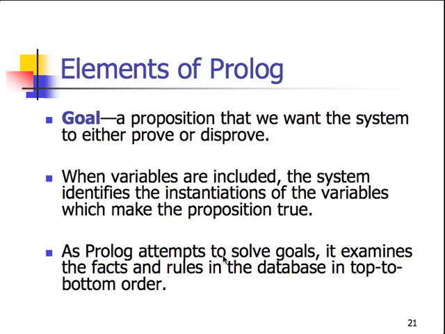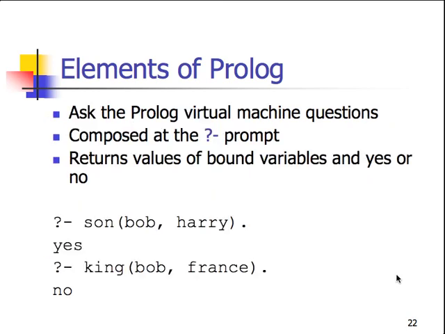As long as Prolog attempts to solve the goal, it examines the facts and the rules in the database from top down. So it starts at the top of the database and works sequentially from the beginning to the end, which means the older data is searched first, and then the newer data is searched last. So it actually matters which order you put it in, but it's not necessarily significant if the data is not related. Because you can put data about fathers and grandparents, and then you can also put weather data in there.